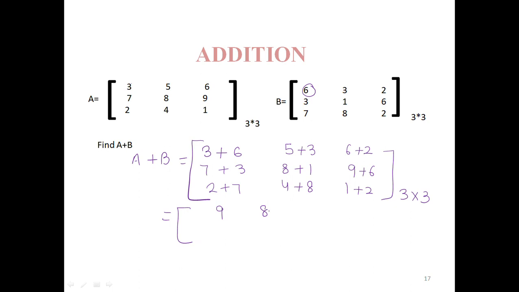The result is 9, 8, 8, 10, 9, 15, 9, 12, 3. This is the addition of matrices.